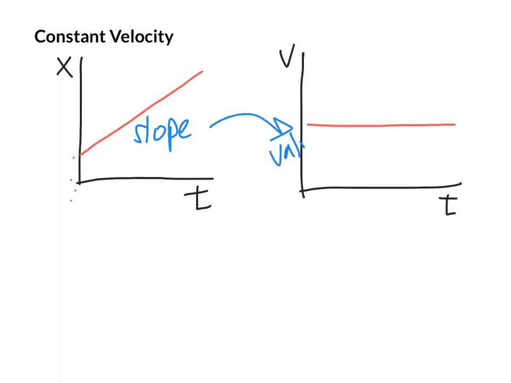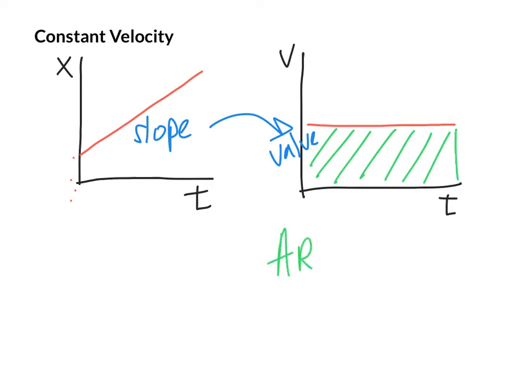We've made those sorts of connections from earlier classes. And we've also learned that if we look at the velocity graph, we could find the area of this rectangle, and the area would tell us the displacement. Okay, so these are all facts that we used in our first year physics class.